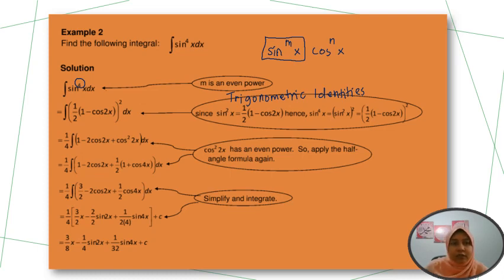Okay, here we have the integration of sine square x squared. So we have to apply the first identity. Sine square x equal to 1 over 2 times 1 minus cos 2x, to the power of 2.